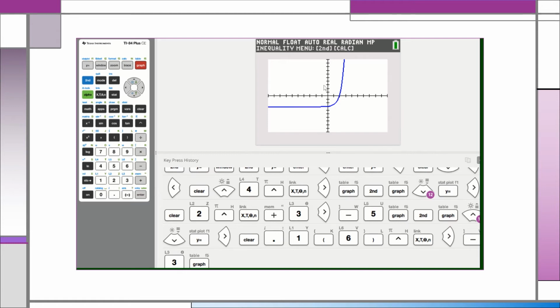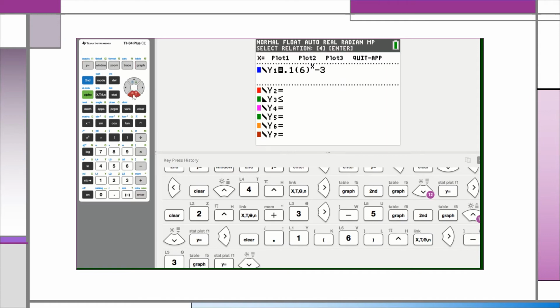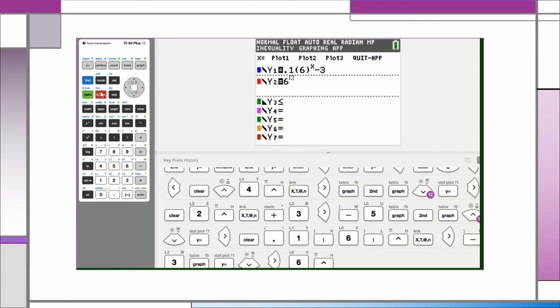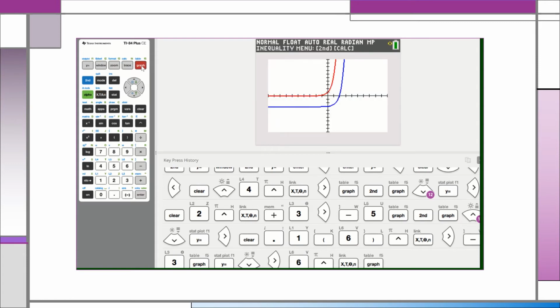It compressed it, pushed that entire graph down. In fact, let's graph the parent function and see how it compares. We'll put that in y2, which would just be 6 raised to the power of x in its parent form. Let's compare the two graphs. Okay, so I see that it has pushed it down, it has compressed it, not only with that vertical shift, but look at this arm right here. We're not taking off quite as fast.